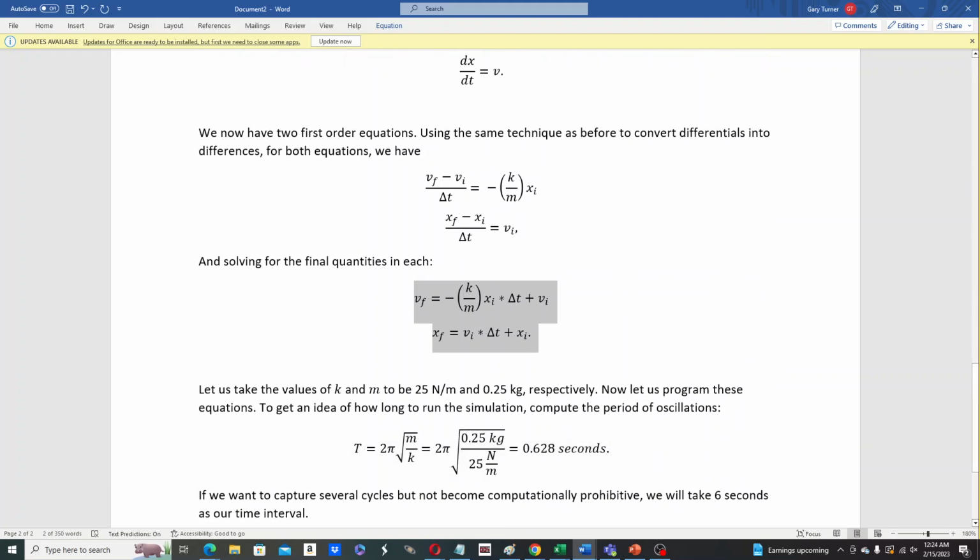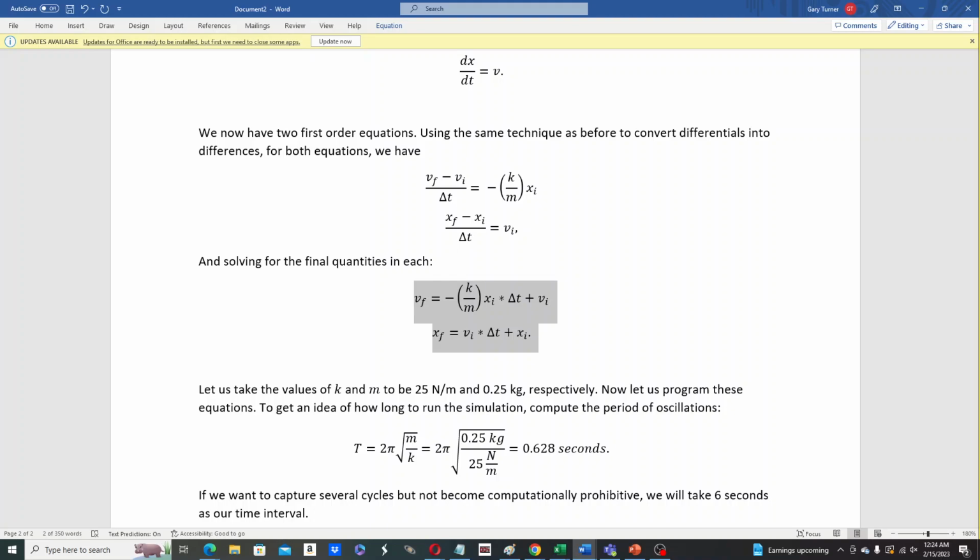So I'm going to compute the period of oscillation, and the period of oscillation is about 0.628 seconds. Okay, so even though 6 seconds is not an even multiple of that, it'll allow us to capture several cycles, and that will allow us to evaluate our model fairly simply.